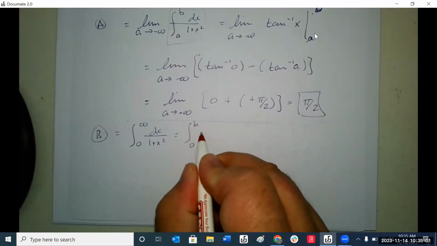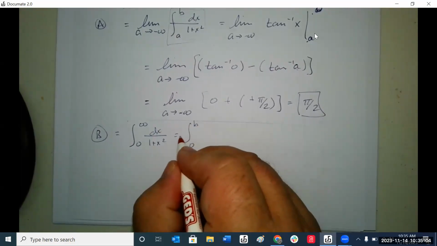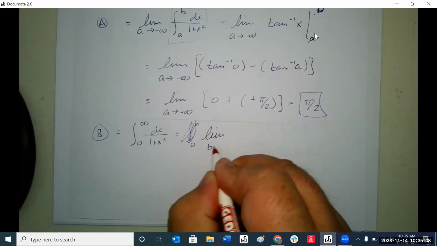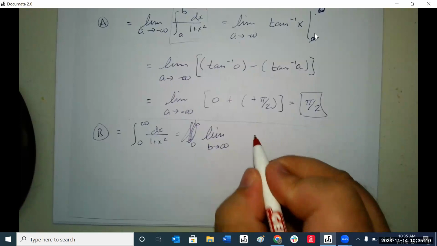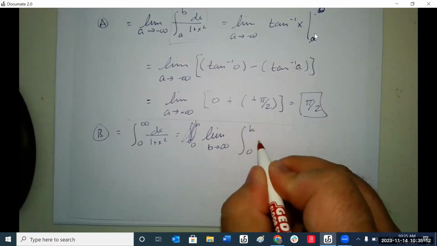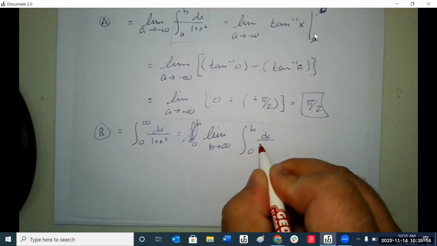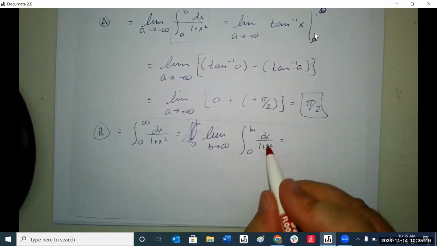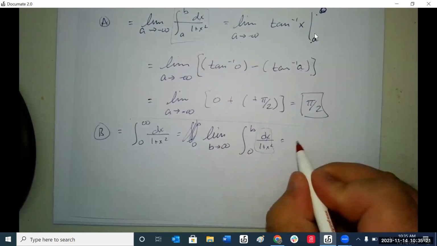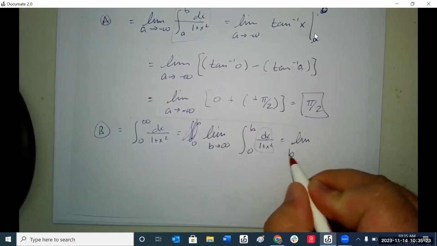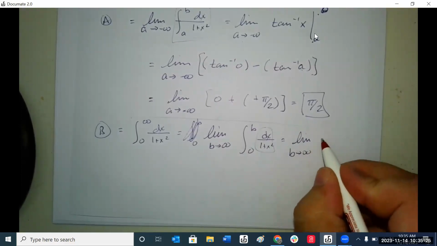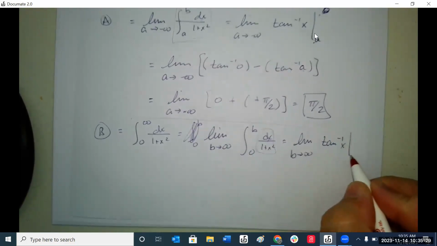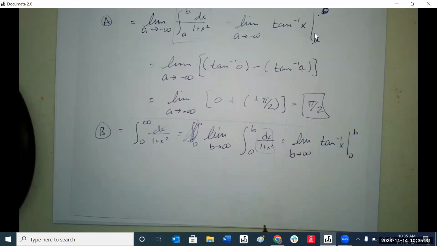Going from 0 to b, the limit as b approaches positive infinity, going from 0 to b, dx over 1 plus x squared. The integral of this as b goes to positive infinity is inverse tangent of x from 0 to b.